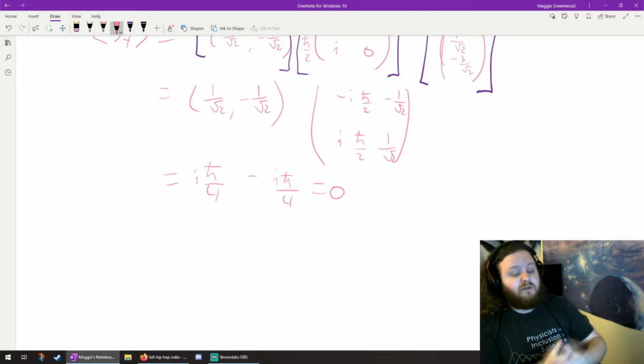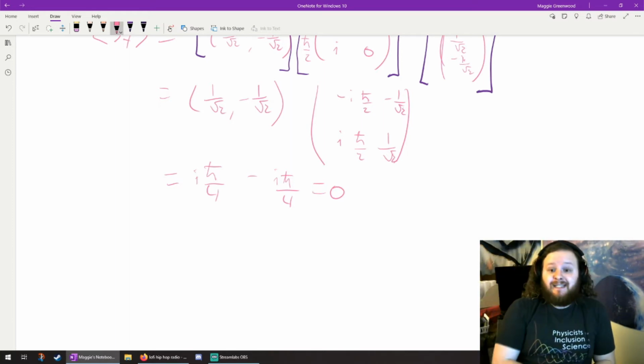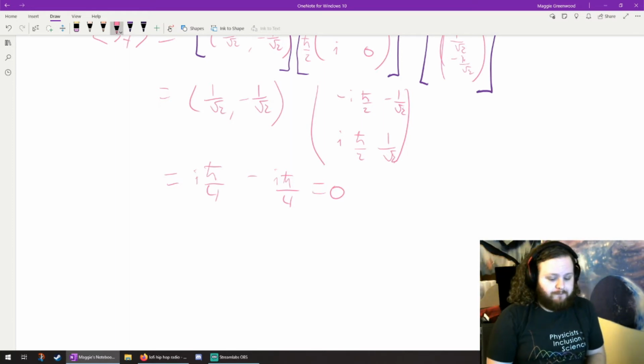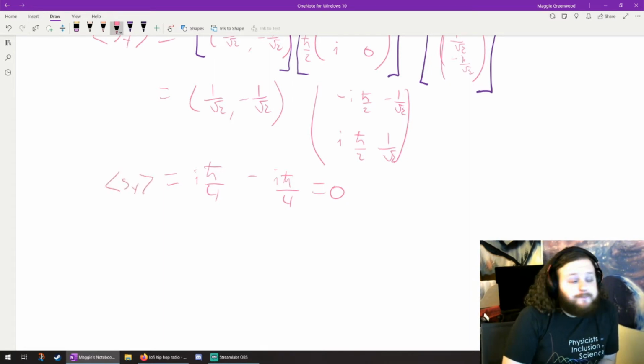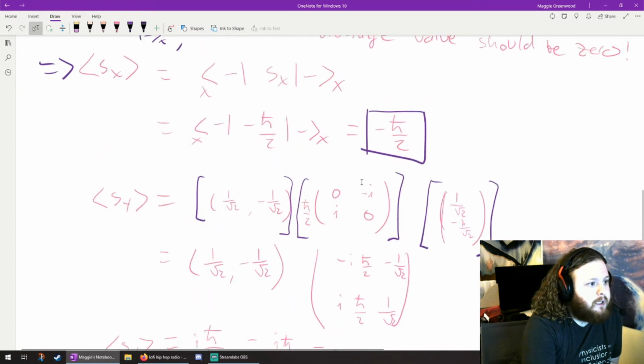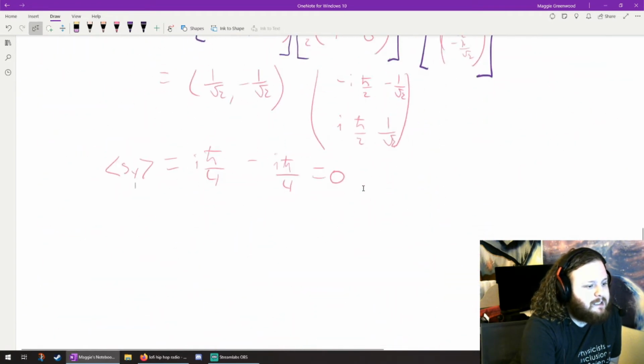That is a physical indication to me that I better get 0 from doing this calculation. And lo and behold, I do. That's nice. I like that. So I've done all three here. I've done Sx, Sy, and Sz.